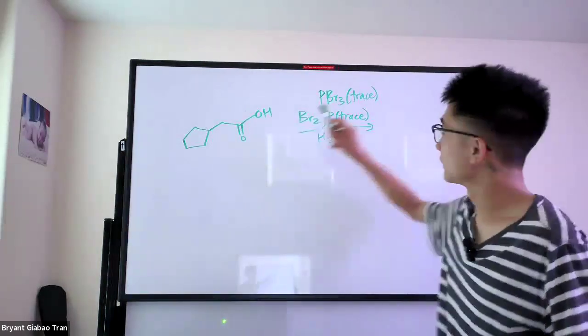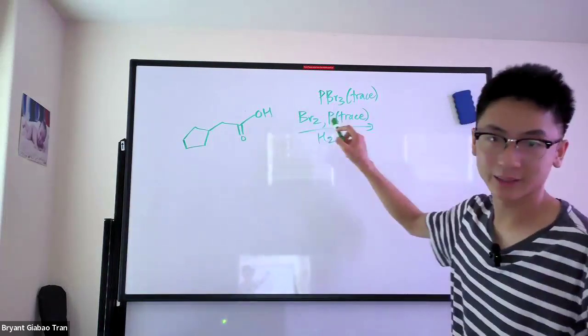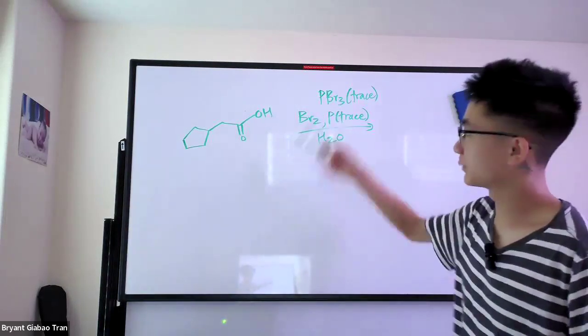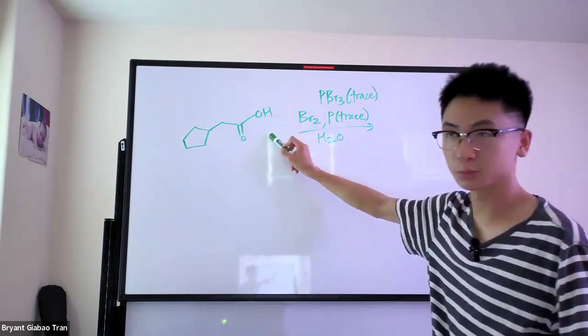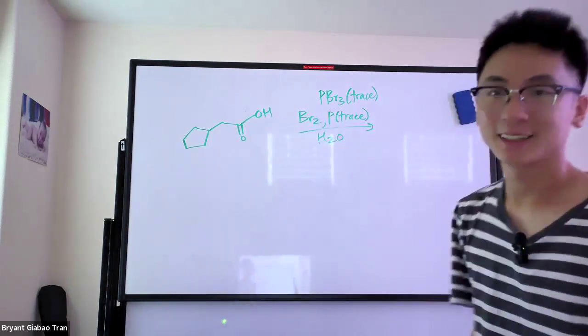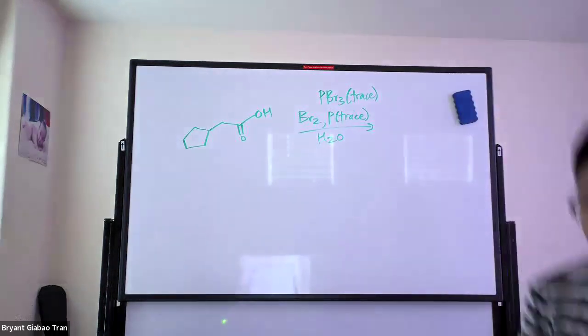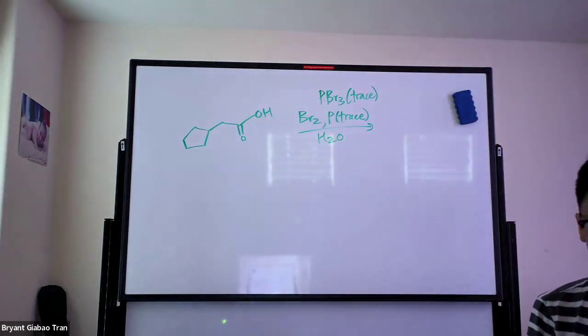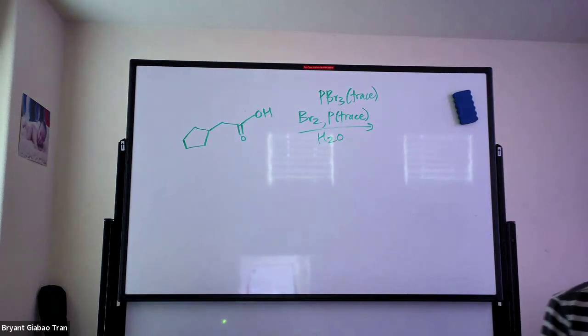Oh, okay. PBr3 trace. Wait, PBr3. So does this replace the OH with Br? Yeah, it would if we didn't have a trace amount of it, right? If we have an excess amount of PBr3, then it would create an acyl bromide from this carboxylic acid, but we have trace, so it would do something else. I'll give you the reaction name, HVZ or Hell-Volhard-Zelinsky reaction.